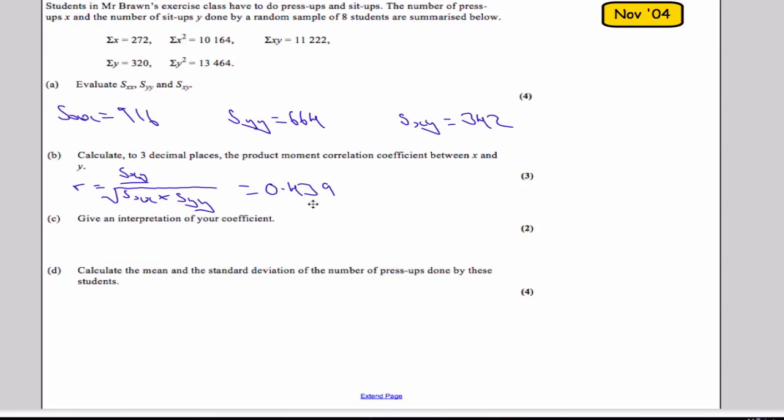Okay, so it's not really a strong positive correlation. And what are we measuring here? Press-ups and sit-ups.